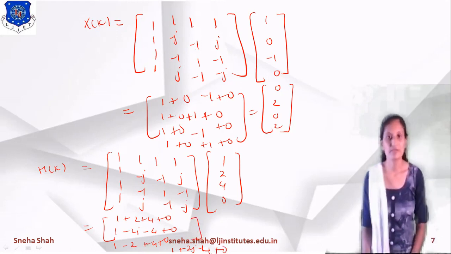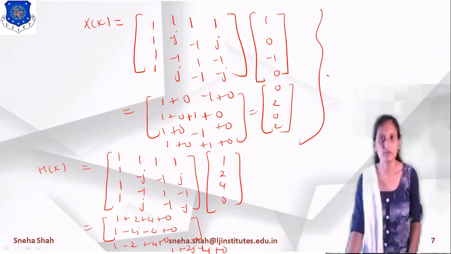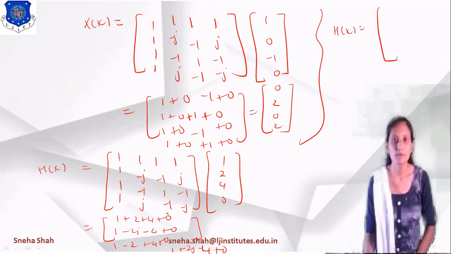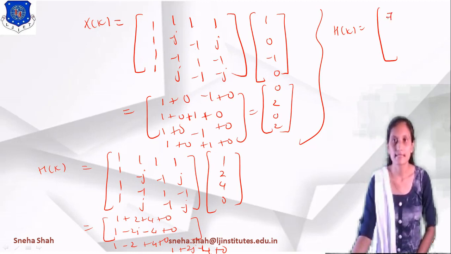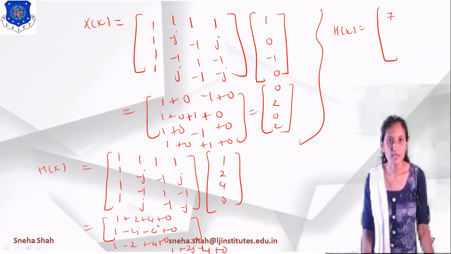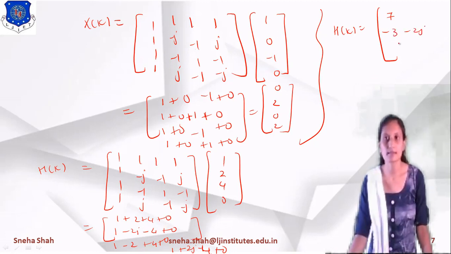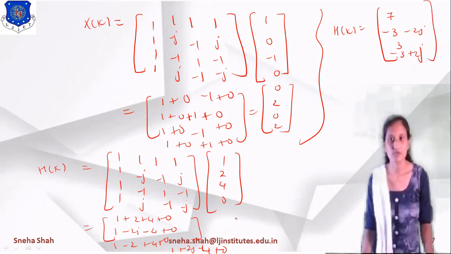Now if I am simplifying this, then the value of h of k equals 1 plus 2 plus 4 means 7. Next term is 1 minus 4 means minus 3, minus 2j. 1 minus 2 plus 4 means 3, and the last term is minus 3 plus 2j. So this one is your h of k, right?